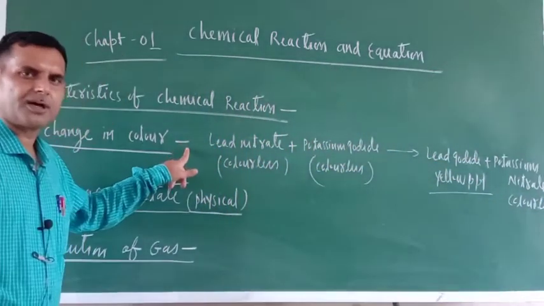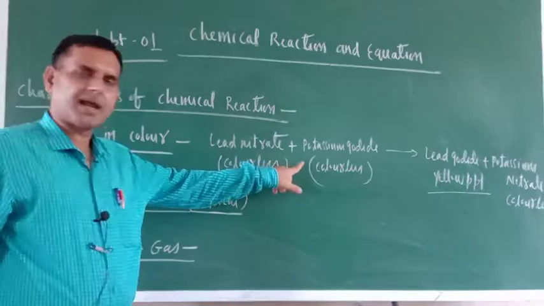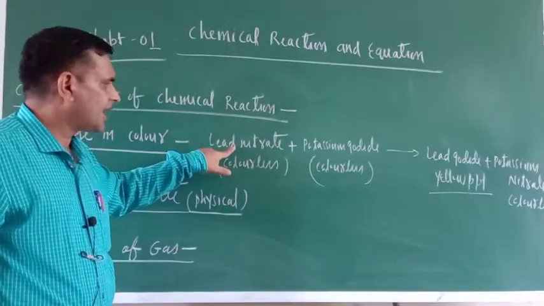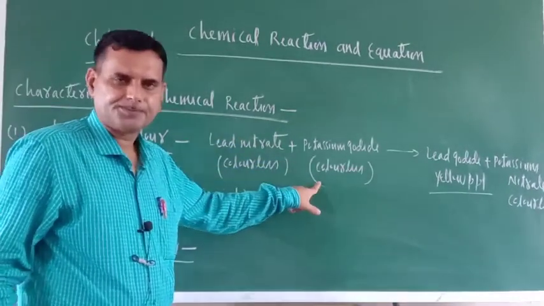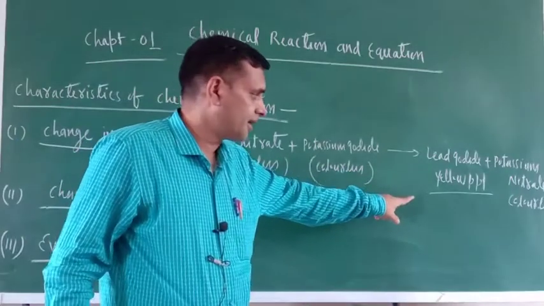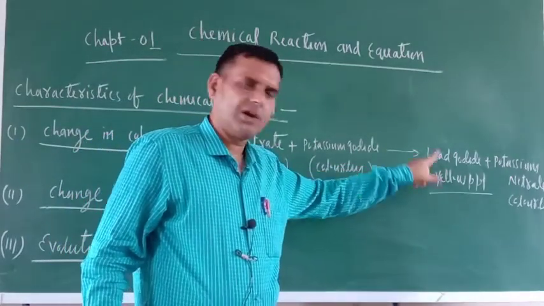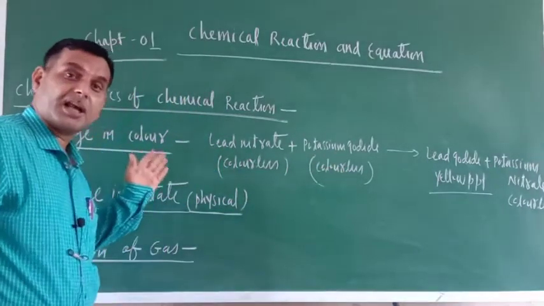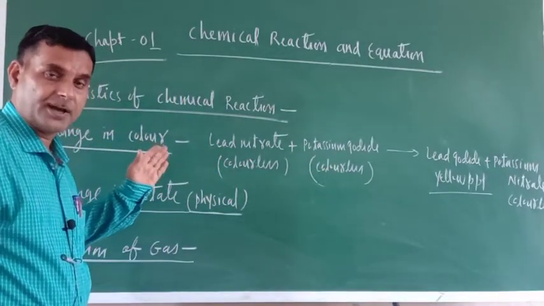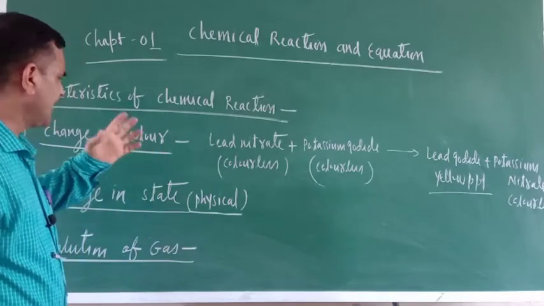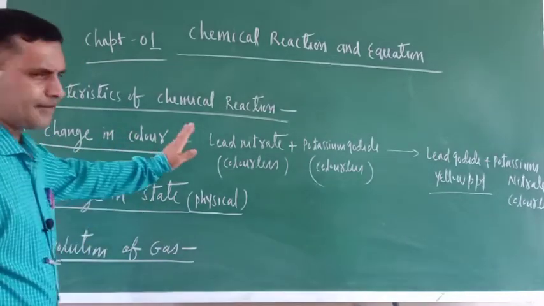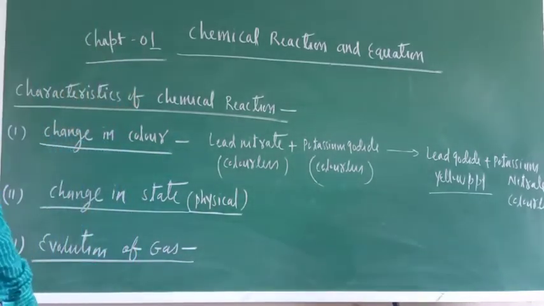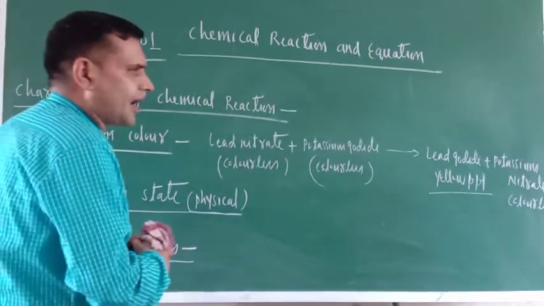Are you getting my point or not? You have taken two colorless substances, that is lead nitrate and potassium iodide. But here what are you getting? A yellow colored substance, the precipitate. It means there is a change in the color of the substance. One more thing, a very common example you can take, if you are having any problem with this example.